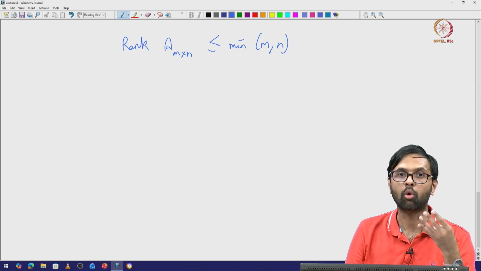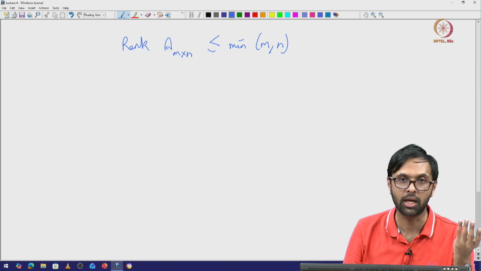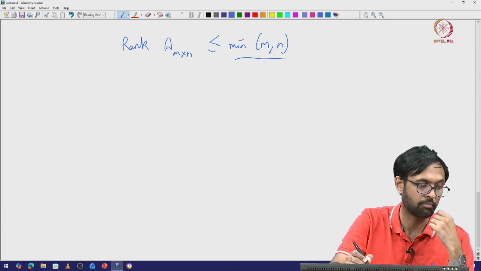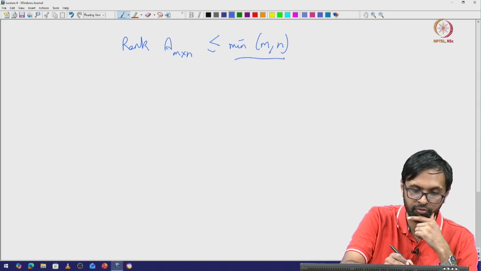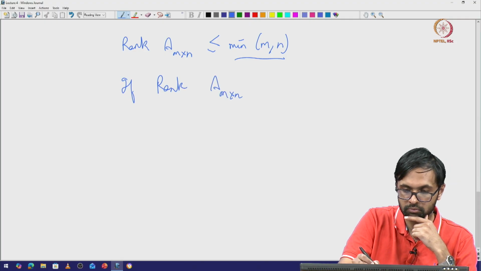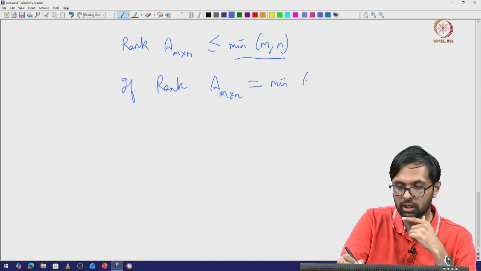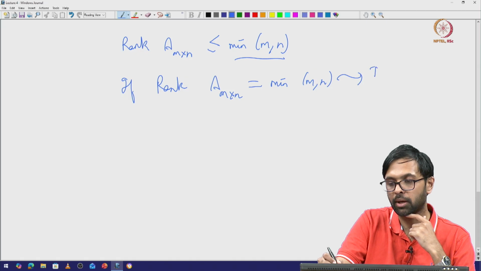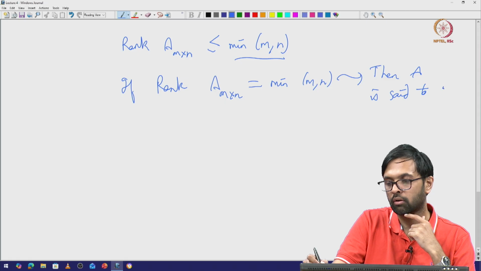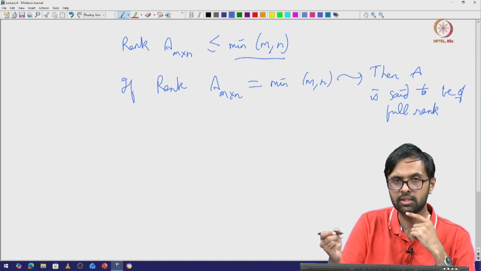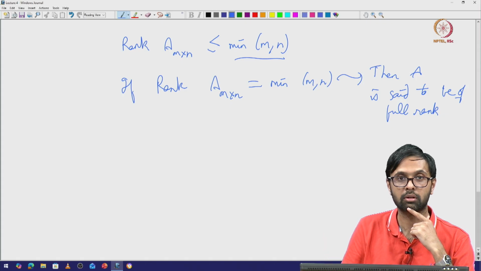The only other possibilities would involve linear relations between these vectors, so that would only reduce the dimension. So it's at most the minimum of m and n. If the rank is indeed equal to this, that is, if it is the maximum possible number it can be, then the matrix is said to be of full rank. Very suggestive terminology, nothing mysterious about the terminology.